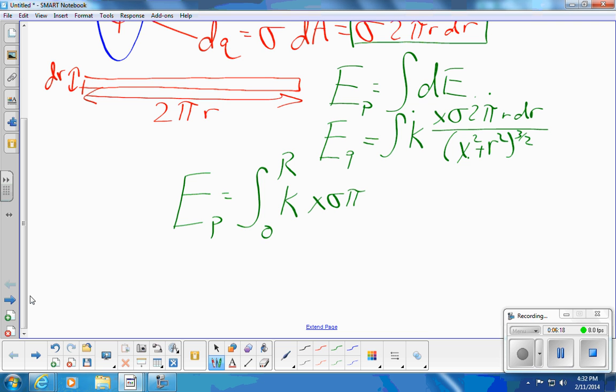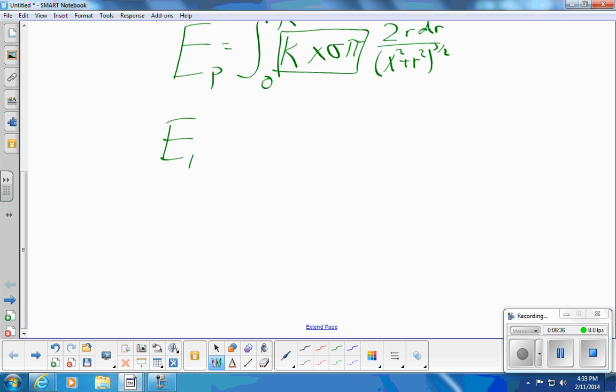I'm going to leave the 2 there because I want it. And I have 2r dr over x squared plus r squared to the 3 halves power. All this junk right here is constants. I can pull them out, and I will do that. E is kx sigma pi times the integral of 2r dr over x squared plus r squared to the 3 halves power.